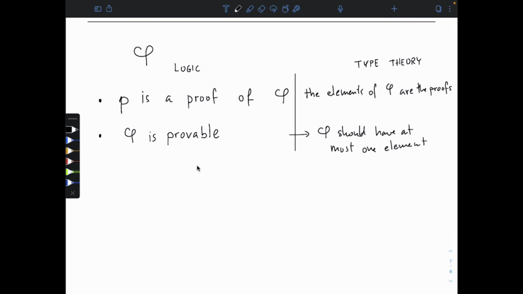Well, let's make this slightly more exact. Phi is provable.